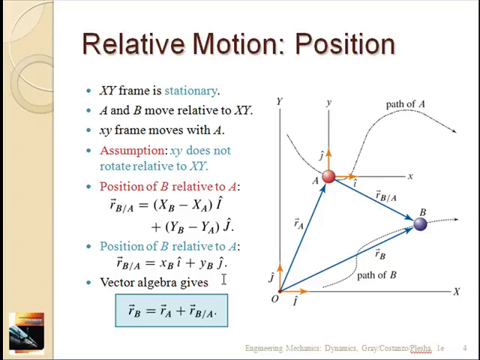Okay. And so these are two different ways to write the relative position vector of B relative to A, and these things should give you the same result. Okay. So RB then is just RA plus RB relative to A.